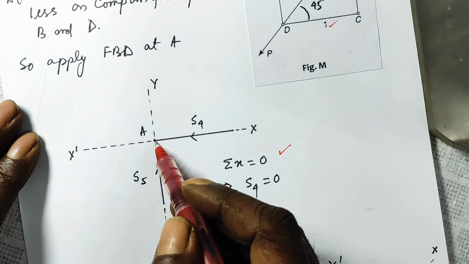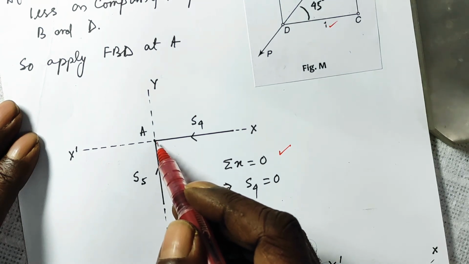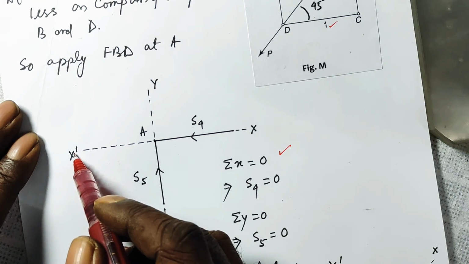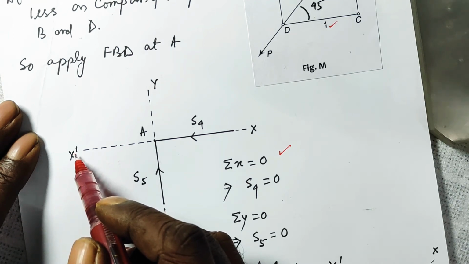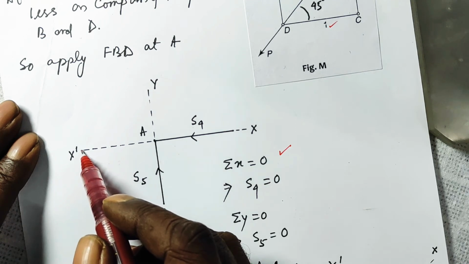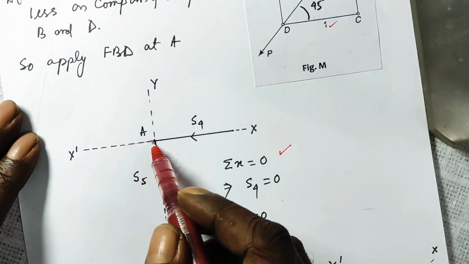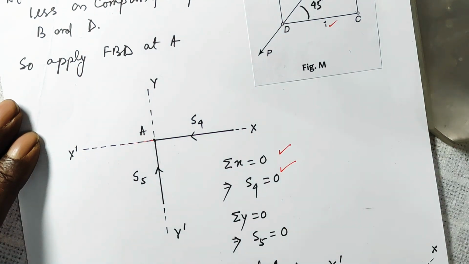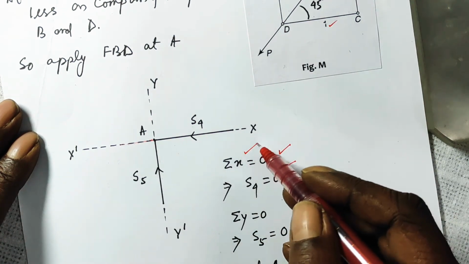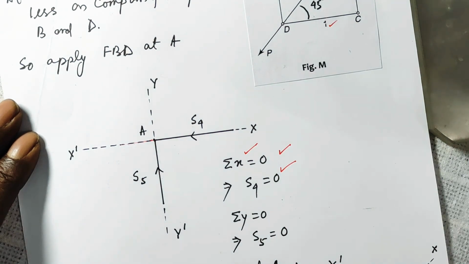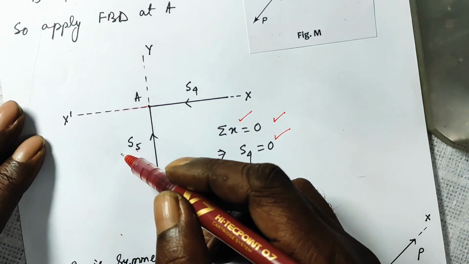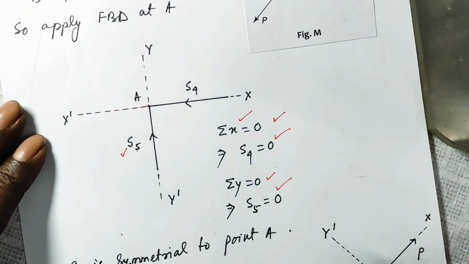S4 is to this side, and the sum of the forces along the x-axis has to be 0. Look, there is no force on this side to oppose it. So therefore S4 has to be 0, then only sigma x will be 0. Similarly, apply sigma y equal to 0 along the y-axis. There is only one force, S5, so that has to be 0.